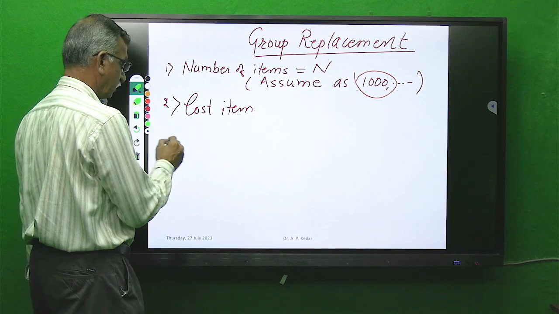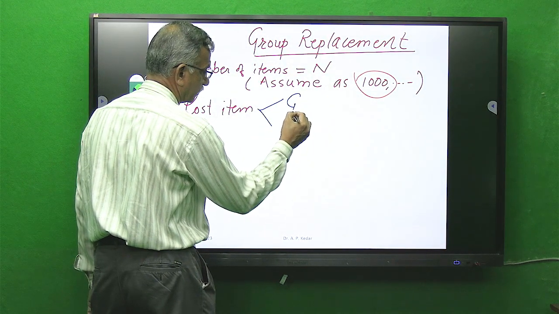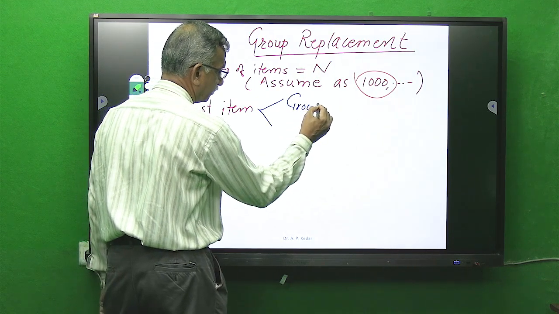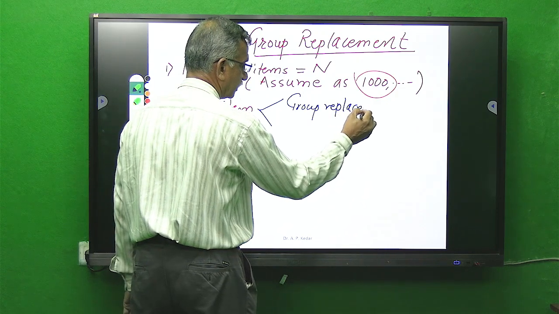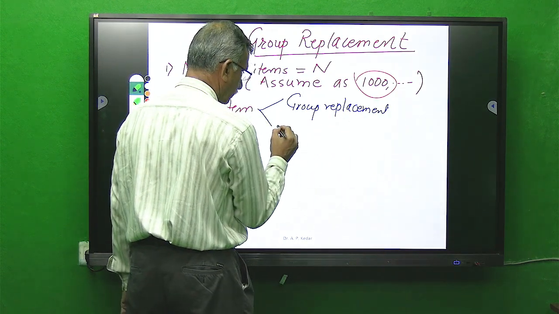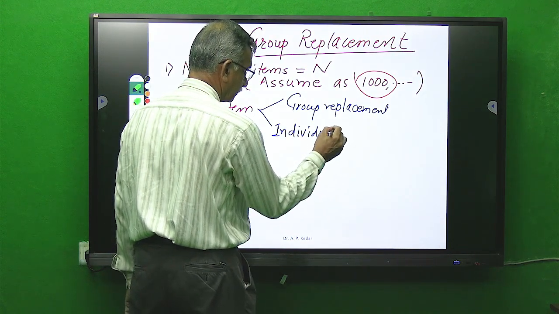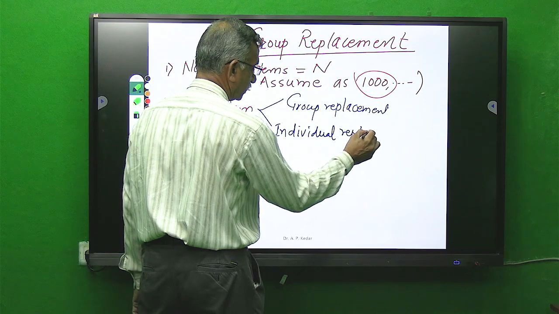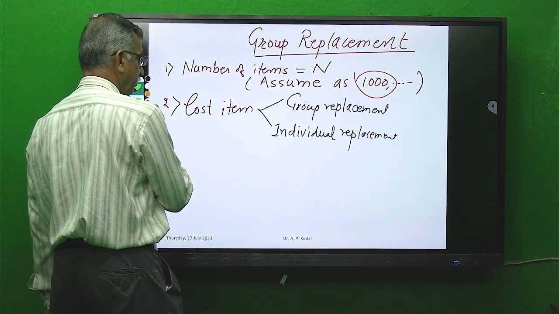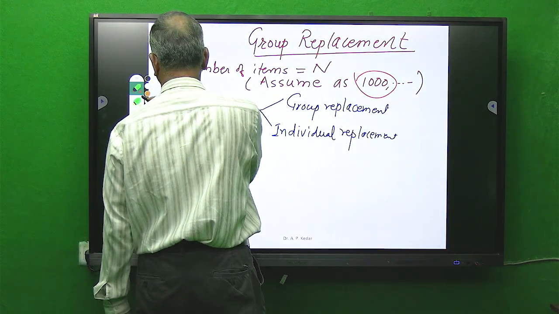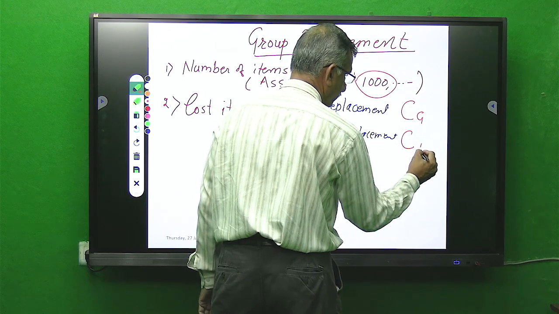In cost of item, there is cost in group replacement and cost in individual replacement, and here we are abbreviating them as CG and CI.